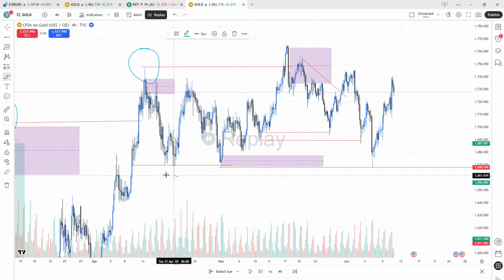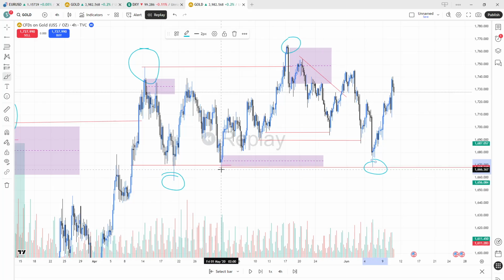So high, low, right? High, low, right? Because this is a low, right? If this takes out, well, it's still considered a low. So structure is still in range, even though we did not take this out, but we did take out the internal and then the external right here.